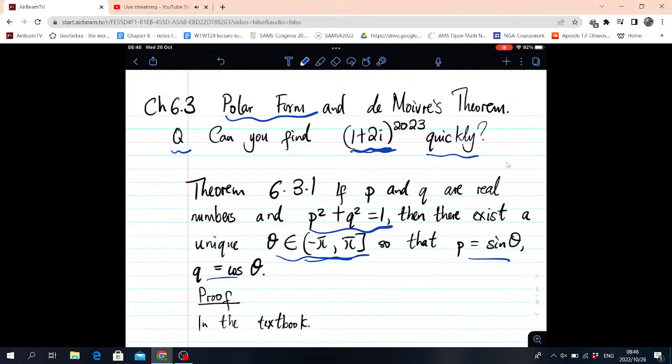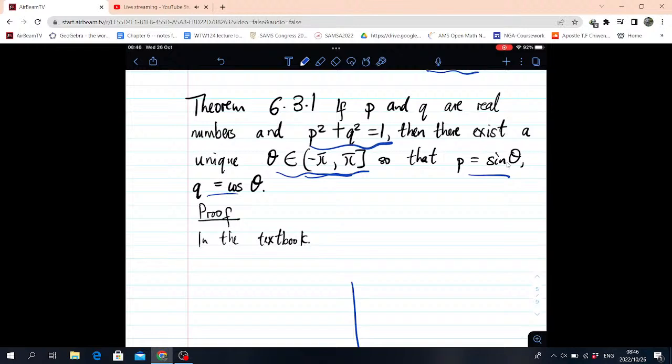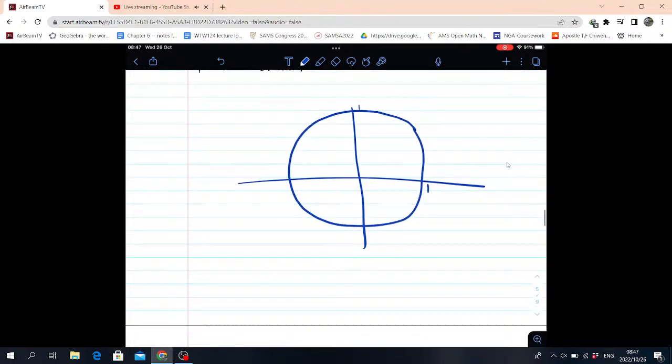The proof is in the textbook, so you can go and look at it, but I'll just illustrate using a sketch what it's saying. If you think about any p and q that satisfy this equation, they are going to lie on the unit circle, the circle whose radius is 1 and whose center is the origin.